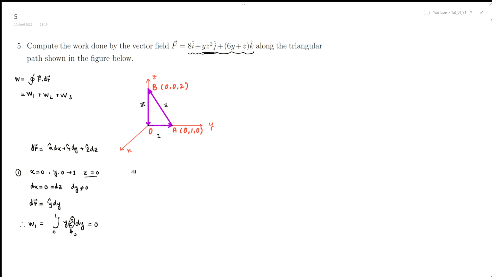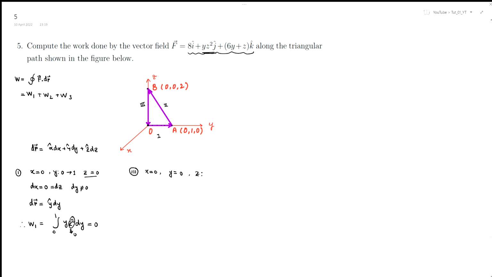Similarly, let us do path 3, because path 3 is easier than path 2, so let us do it first. Along this path, x is constant because it is along the z axis. Again x is 0. What about y? The coordinate of y at this point is 0, similarly at this point it is 0, and it's also a straight line, so y is actually 0.